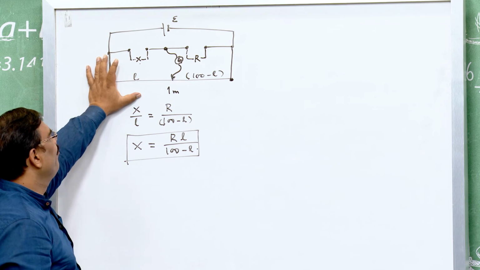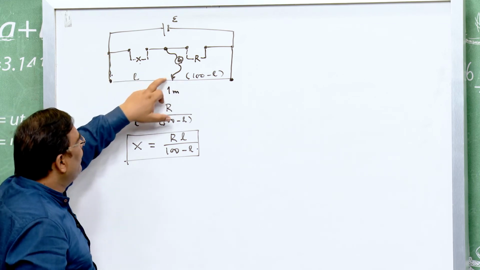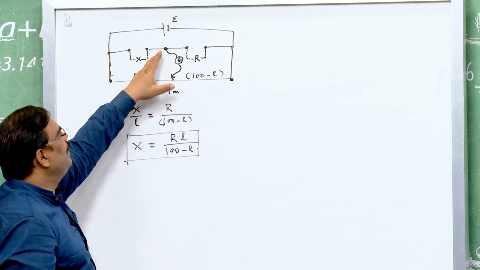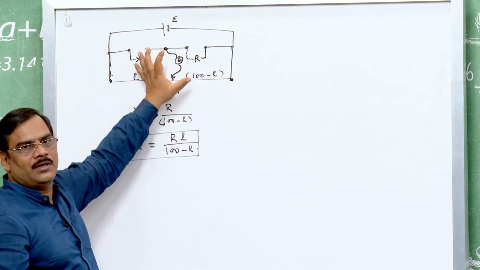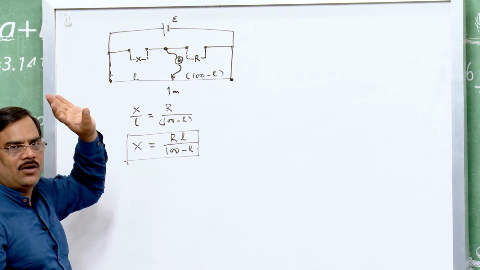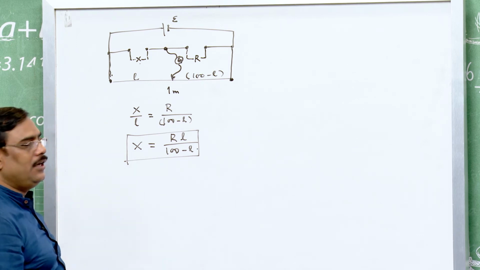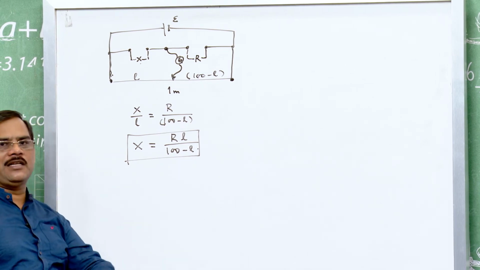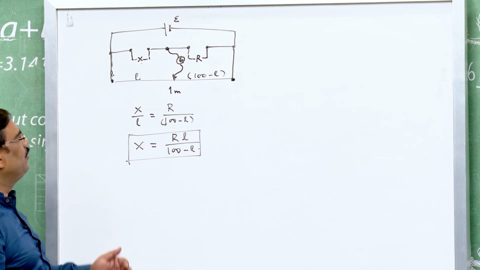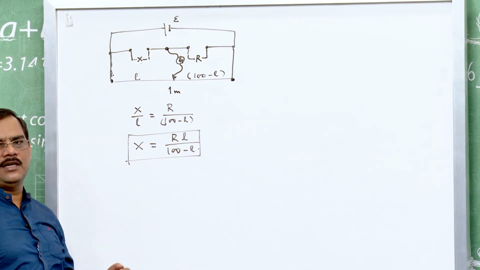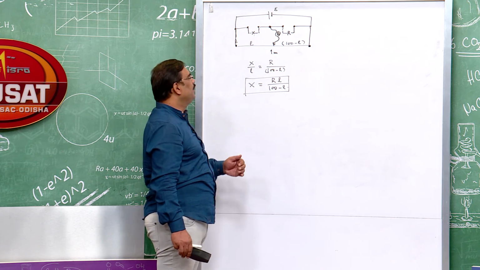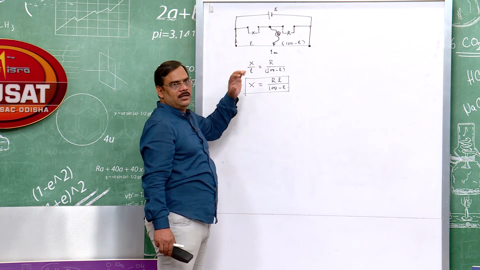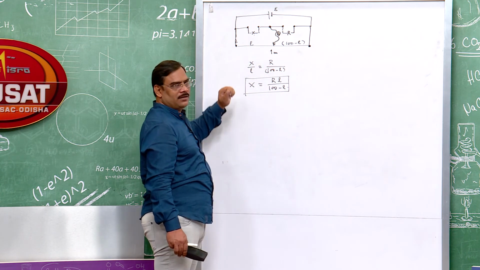There is no current through the galvanometer, meaning there is no transfer of current from one branch of the network to the other branch, unlike the voltmeter. In a voltmeter, some current passes through the voltmeter and therefore, the exact value of potential difference V cannot be calculated using the voltmeter, which is not happening in case of a potentiometer.